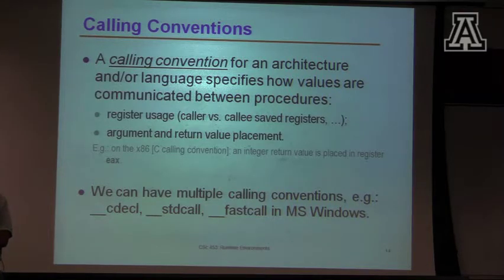One is anytime you're interacting with a library function, right? The libraries are pre-compiled. So for example, if you're generating code for some function and it calls printf, well, the arguments have to be placed at the right place so that when control goes to the library routine printf, it knows where to find the arguments.